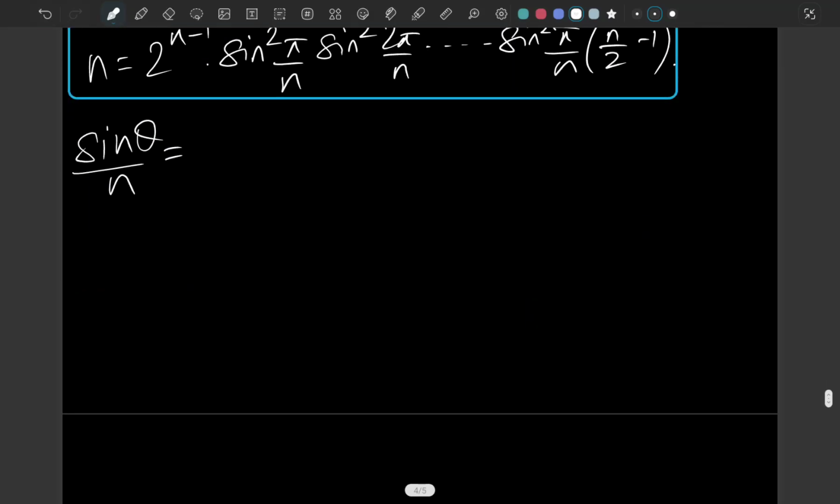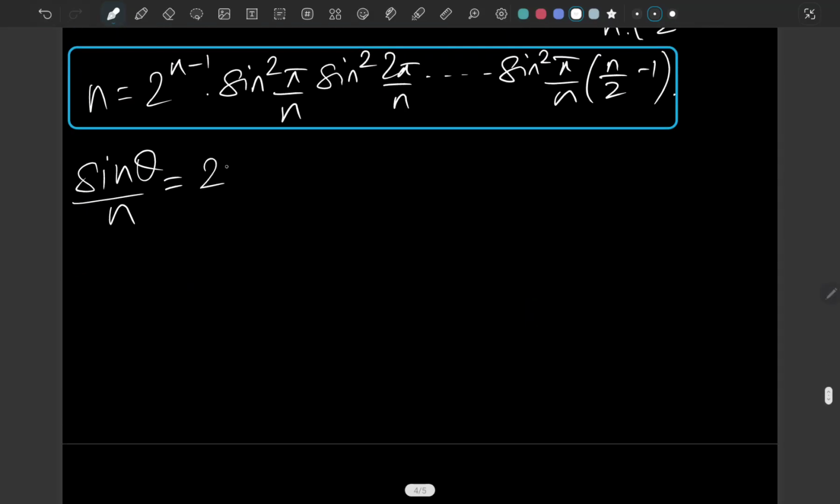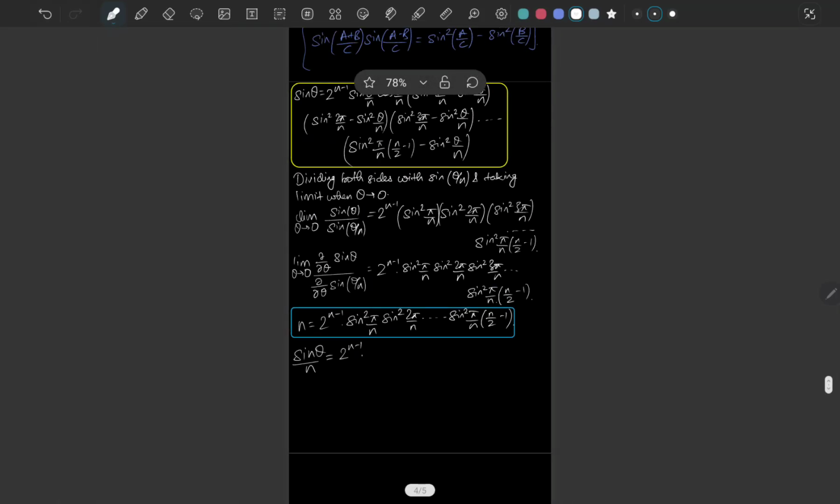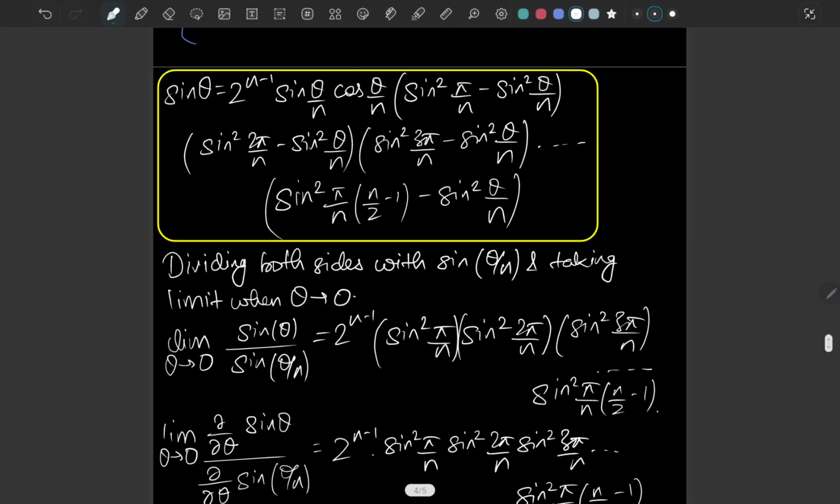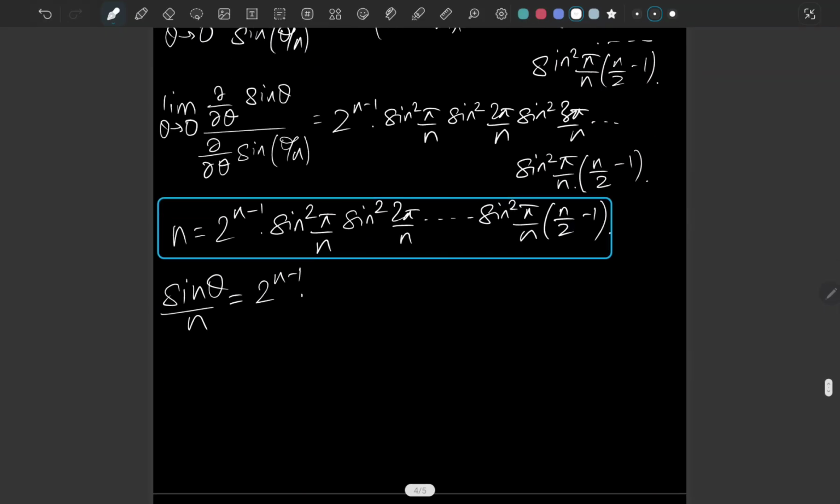So we have 2 to the n minus 1 in sine theta, and then where we had sine theta over n, right?